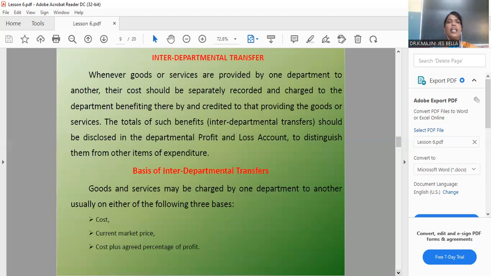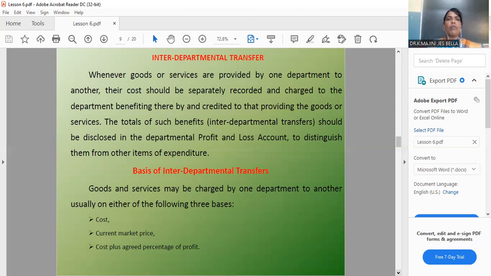Then we can see the interdepartmental transfer. Now we can see what they are doing for fixing the product cost and other things. Whenever goods or services are provided by one department to another, their cost should be separately recorded and charged to the department benefiting thereby and credited to that providing the goods or services.